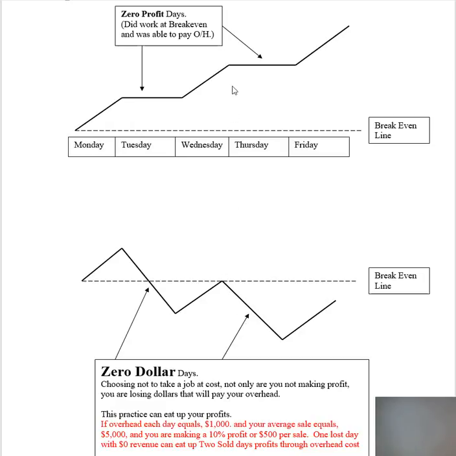Thursday comes around. This company takes another zero profit day. This company here says, you know what, my price is the price, and if you don't want to pay it, go pound sand. Well, sand is all you're going to have to take to the bank, because you're now $1,000 behind for the week. You're losing $1,000 after 4 days, selling 2 out of 4 days.